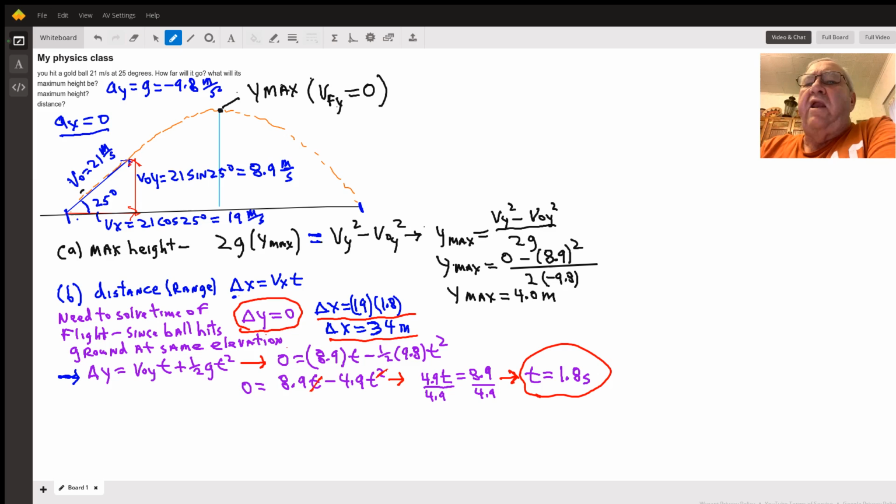So I break that initial velocity into its two component vectors. The initial velocity in the y direction would be 21 sine of 25 degrees, which is equal to 8.9 meters per second, and the velocity in the x direction would be 21 cosine of 25 degrees, 19 meters per second.